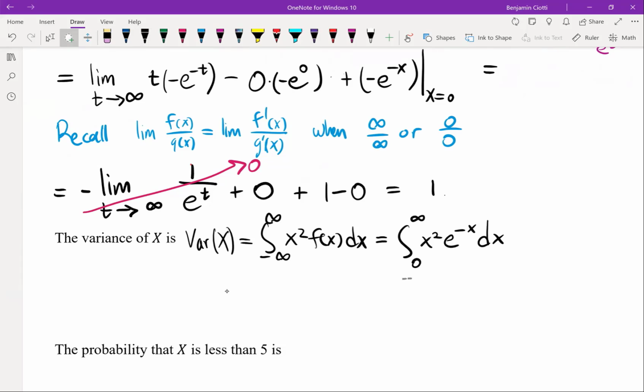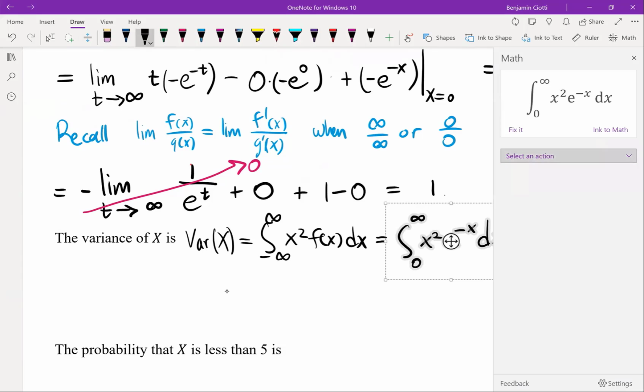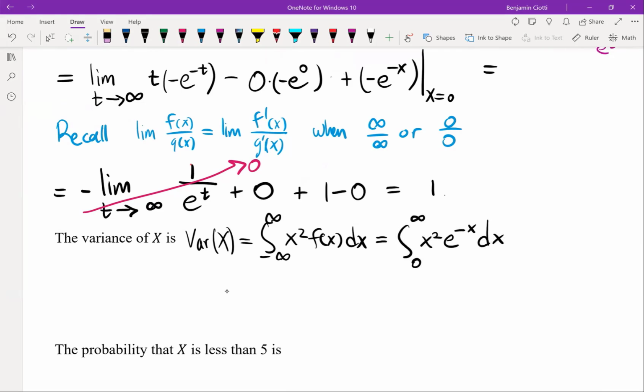Now, I'm not inclined to do this right now, but you should, and I'll just tell you what the answer ends up being. It ends up being 2, apparently. So you should try this. And if you do it right, you'll get 2.